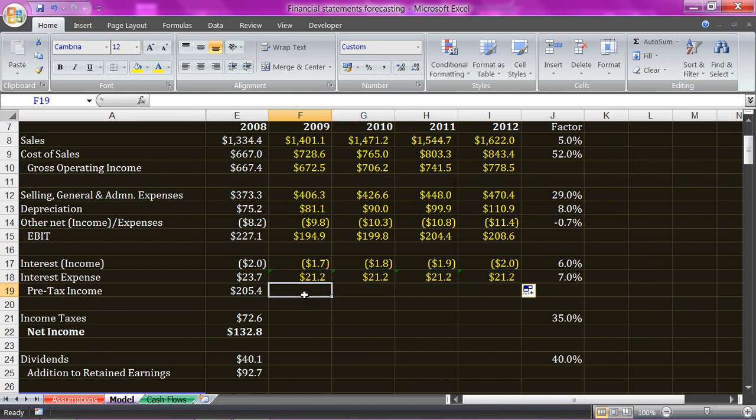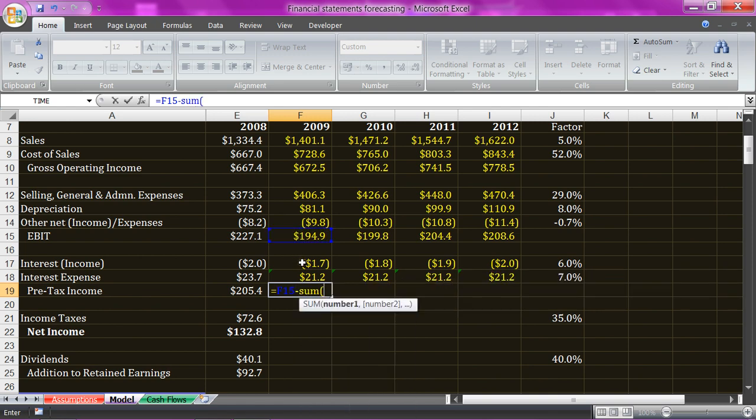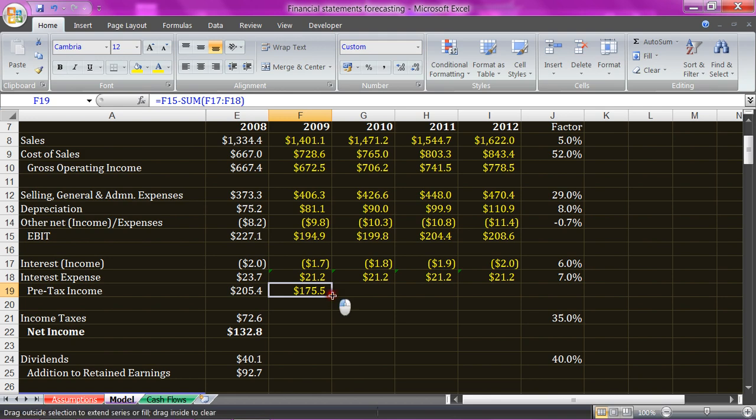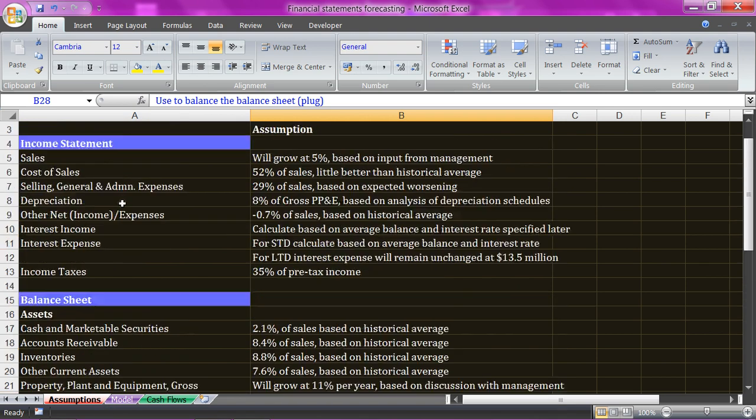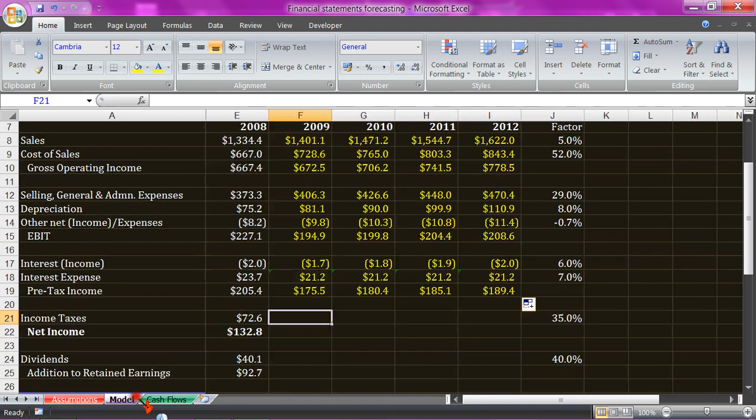Pre-tax income will be equal to EBIT minus the sum of these two, interest income plus interest expenses. Press enter, and drag till the end. Afterwards, income tax: the assumption given is 35% of pre-tax income.